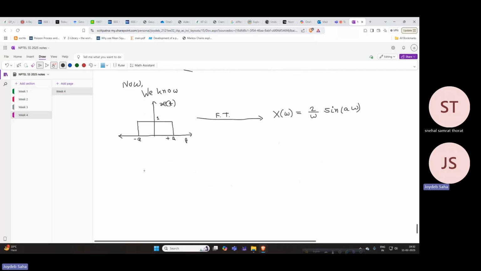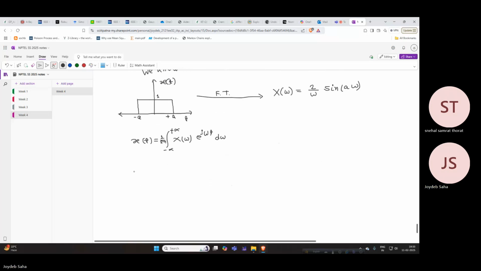We know this, so now what is xt? Xt is equal to integral from minus infinity to plus infinity of x omega, here it will be 1 upon 2 pi, e to the power j omega t, d omega. This we know.